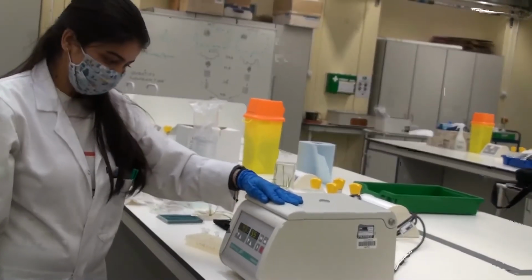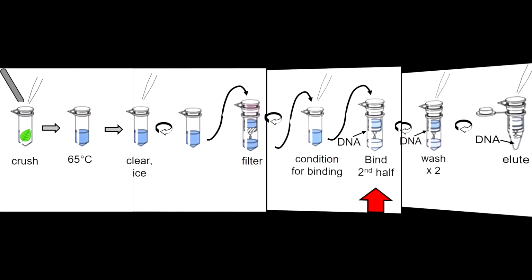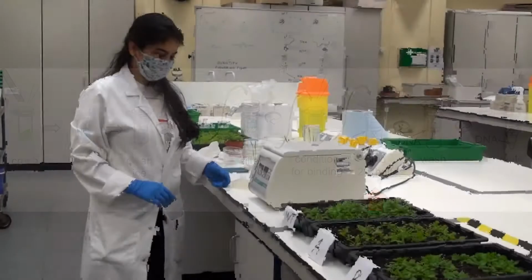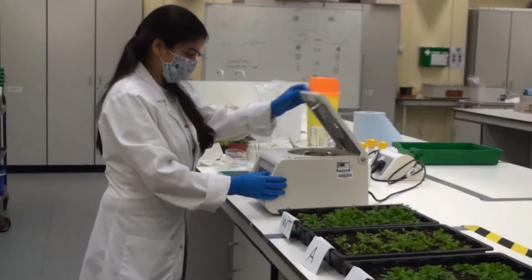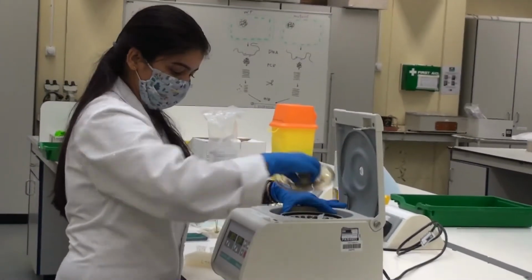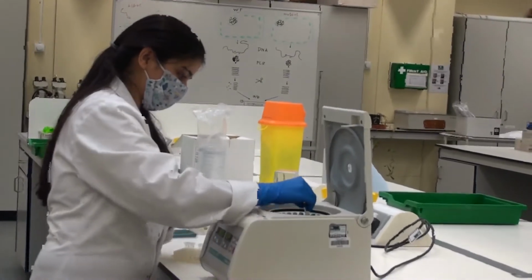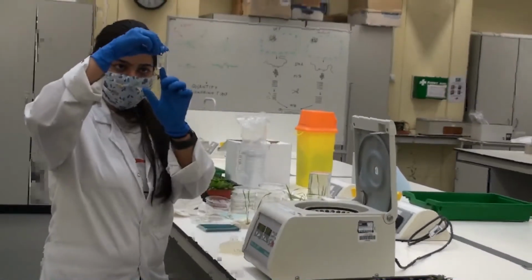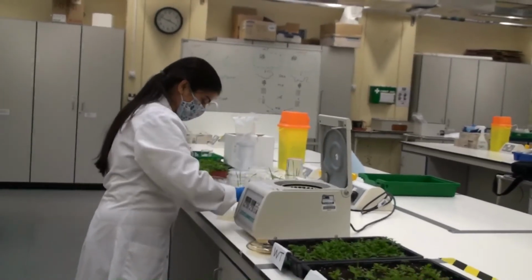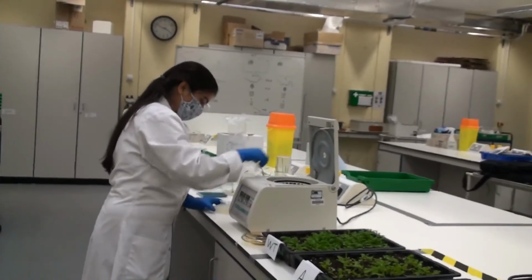Wait for 1 minute. So we'll take out the filters and do this step again with the remaining solution. There's a flow through that we'll discard because our DNA is on the membrane.